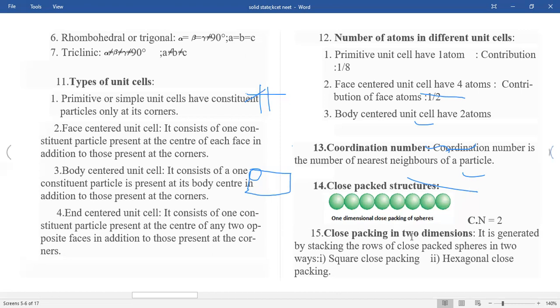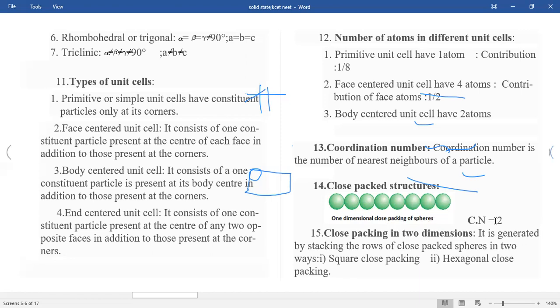So here also you may get a question based on coordination number. Here is the 1 dimensional close packing of spheres. What is the coordination number? This 1 atom is in contact with how many atoms? Here 1, here 1. So the coordination number is 2. This you have to remember.